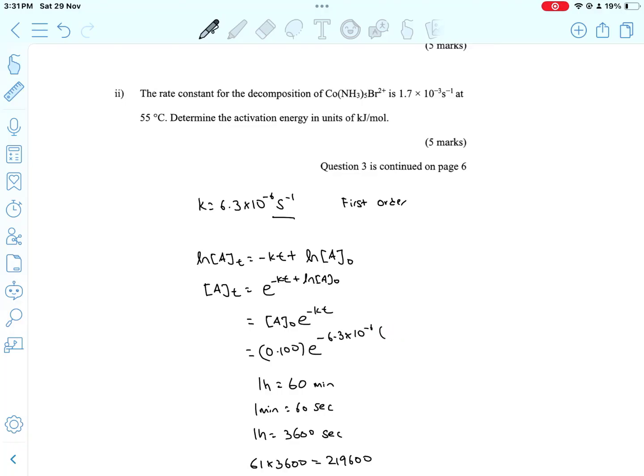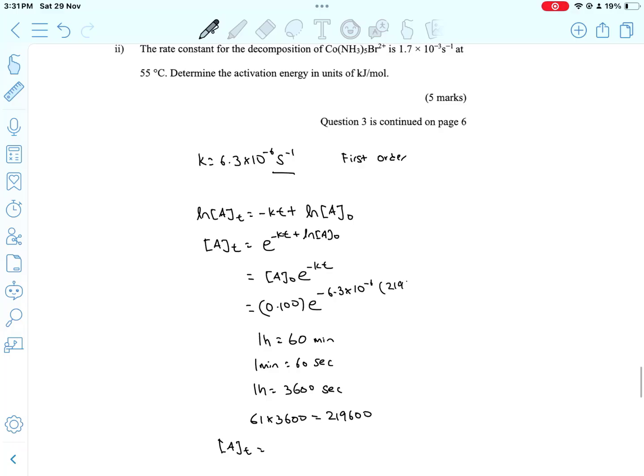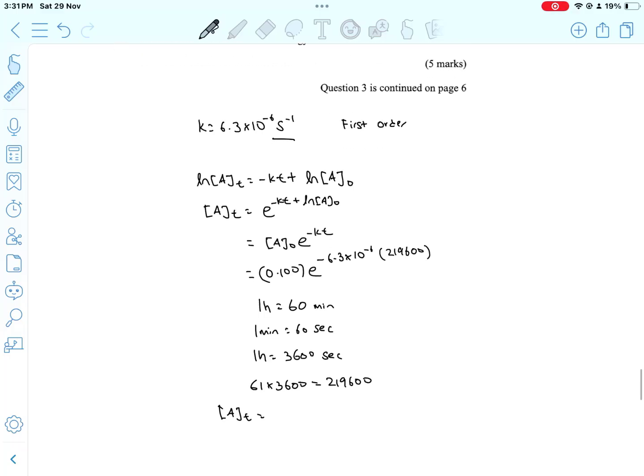So basically just substitute the values. You already know everything, the rate constant, you already know your time. Actually, the time needs to be converted lah because you have to convert to seconds from hours. And the conversion is pretty simple. I wrote it there already. And after everything, your final concentration would be 0.02507. Yeah.